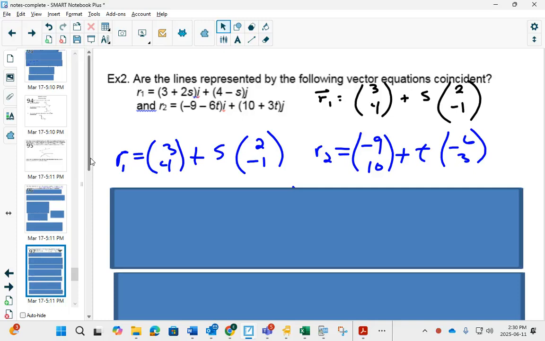So we're going to find out that some of these questions are going to use 2 different parameters, one S, one T, one lambda, one T. And then we're going to work in real life questions. And then in real life questions, there's only one parameter, T, and T stands for time.